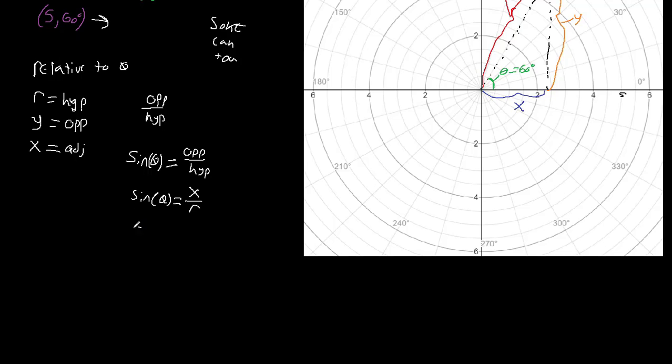If we rearrange this first, we know that our x coordinate is going to be equal to r sine theta.